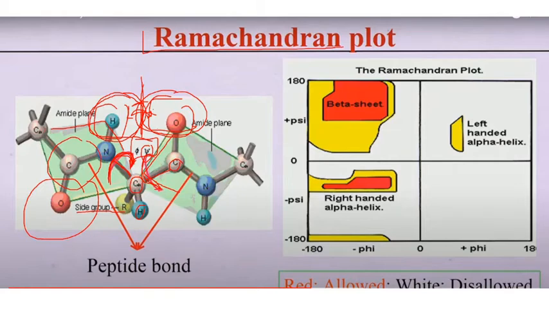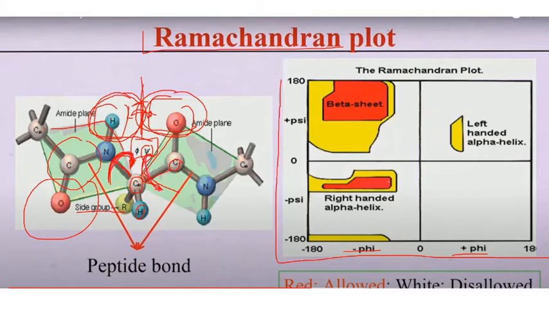Okay, so when this formation occurs, Ramachandran studied these things and plotted the different angles, phi and psi, on a Cartesian coordinate system. The psi angle is on the y-axis and the phi angle is on the x-axis, and from plus 180 degrees to minus 180 degrees the angle can form, and psi can also range from minus 180 to plus 180 degrees.